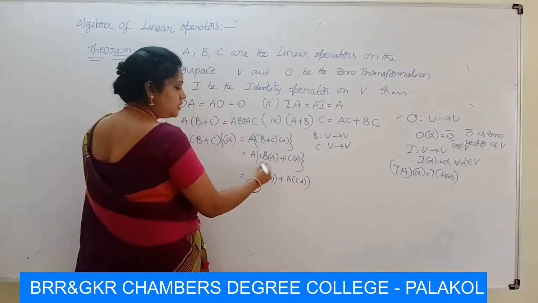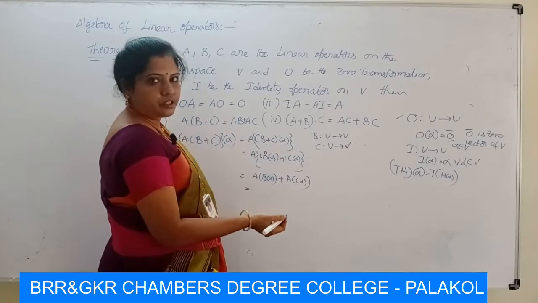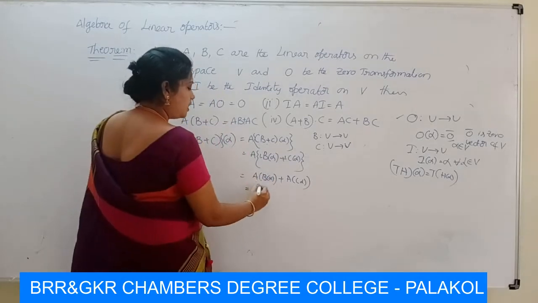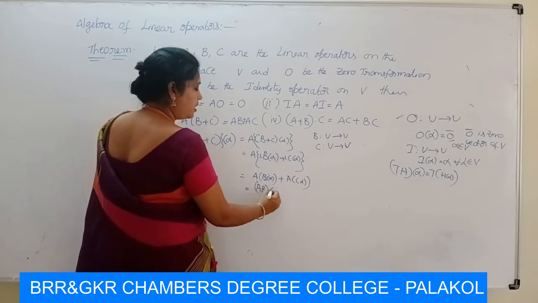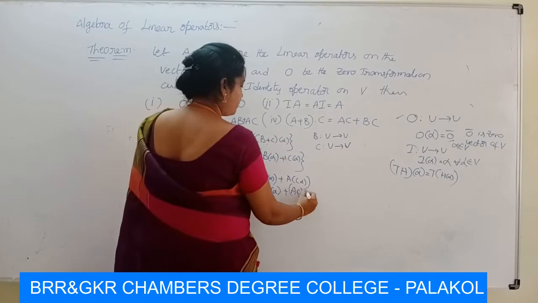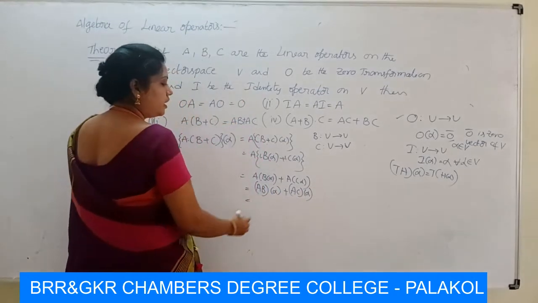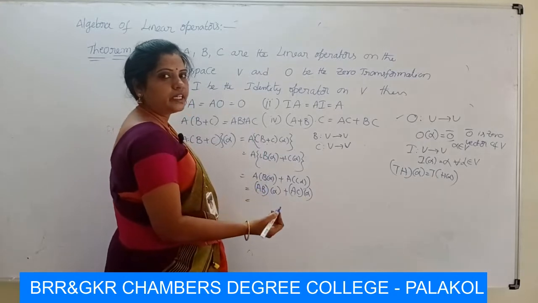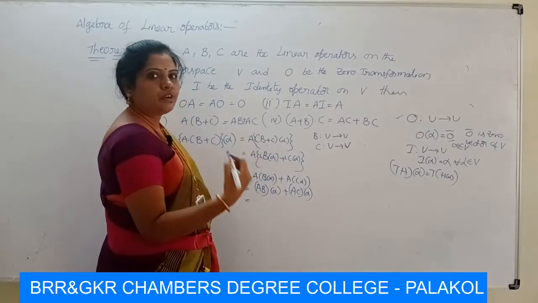So this is again the product of the transformation, T of H of alpha, that is AB of alpha, and this is also written as AC of alpha. Here again the sum of the transformations T1 of alpha plus T2 of alpha can be written as T1 plus T2 of alpha.